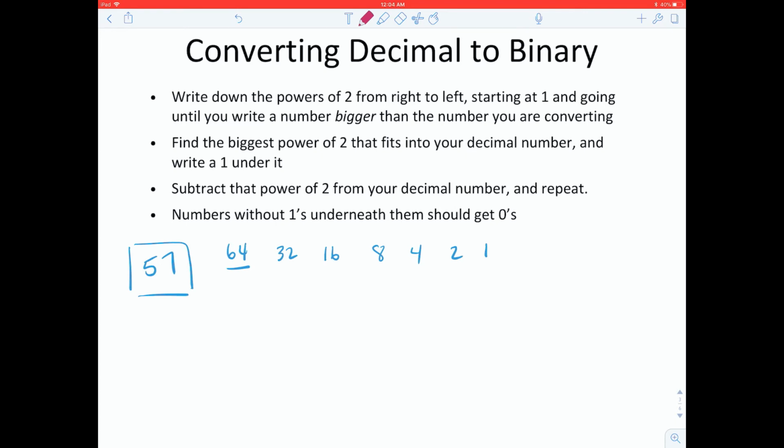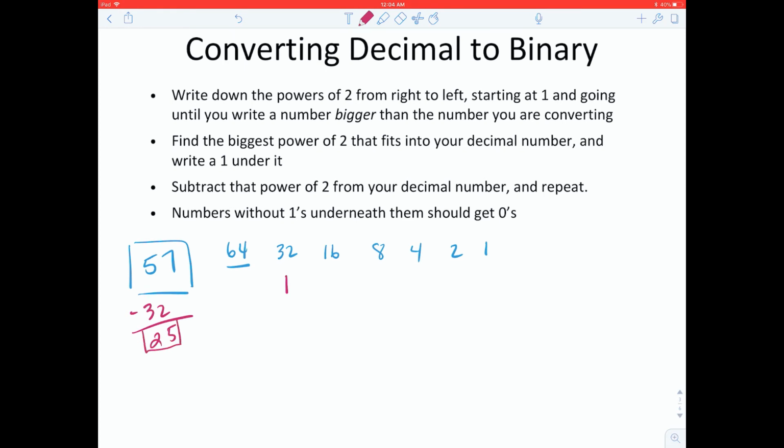So first I need to find what's the biggest power of 2 less than 57. That's right, it's 32. So I'm going to put a 1 under there. And then I'm going to subtract it from 57. And now 25 is my new number that I'm trying to figure out how to spell out in binary. So the next biggest power of 2 that fits inside of 25 is 16.